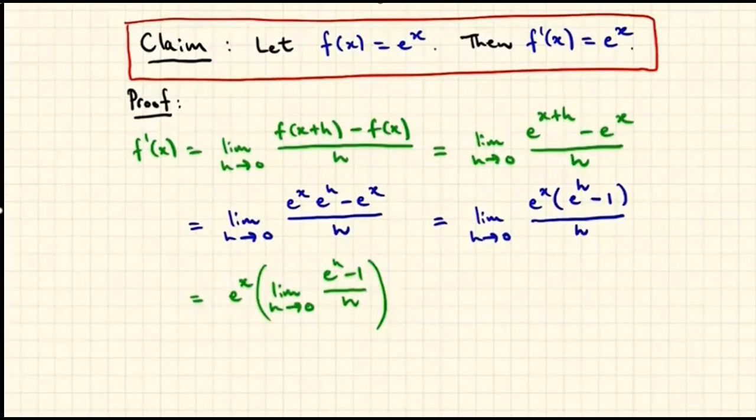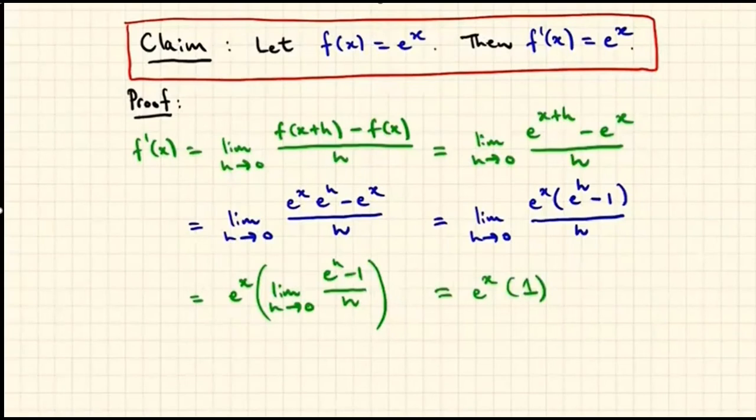But this is the special limit we identified before, which evaluates to 1. So the whole expression becomes e to the x times 1, which is just e to the x. And the claim is proved.